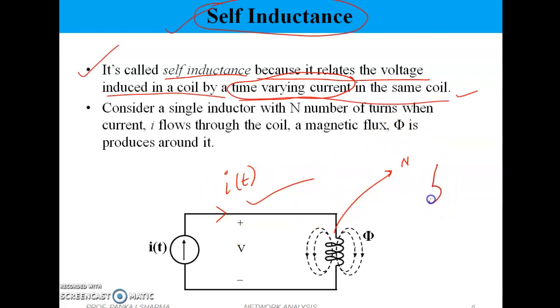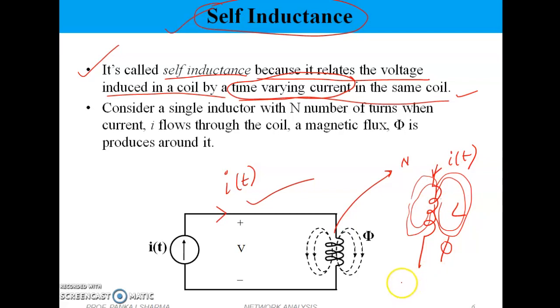In very simple words, if I, which is a variable of time, flows through an inductor, we have flux around this inductor denoted by phi, which is also time variable in nature.